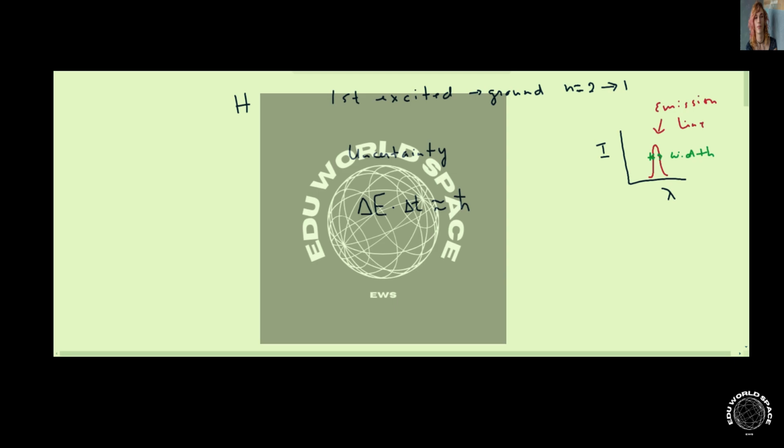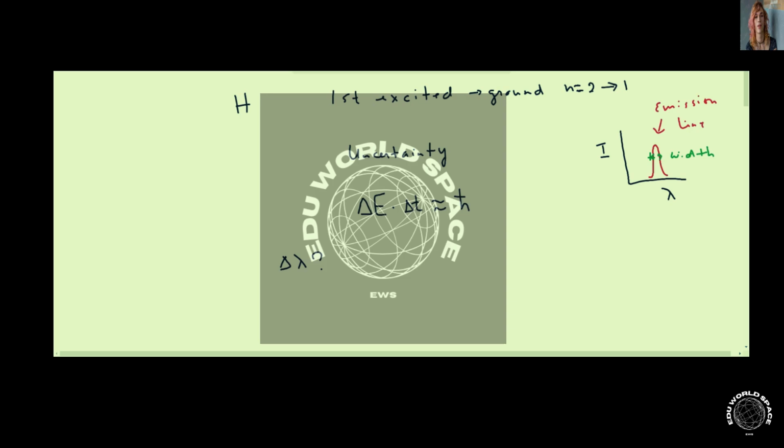So it looks very much like the position momentum form. And we can see that energy times time certainly has the units of h, or h bar. Okay, so what we're told, we're looking at the first excited state in hydrogen falling down to the ground state. And we would like to find the uncertainty in the wavelength.